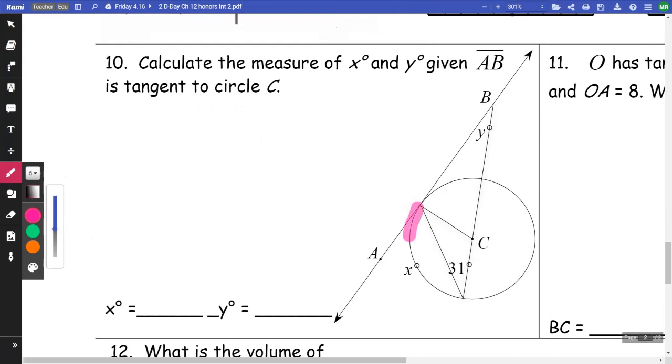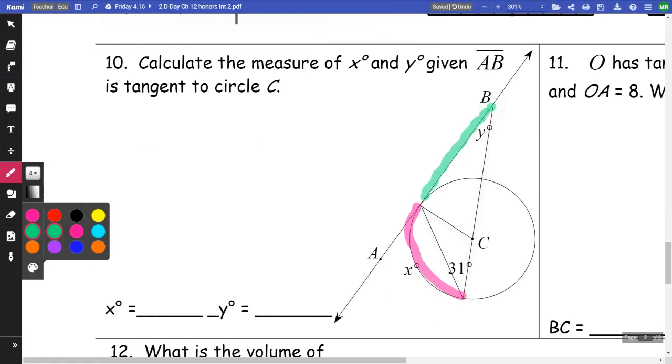So we want this arc measure right here. Okay, that's a little too fat. And we want this angle up here. So we want this angle right here. That angle, that's what we want to find.